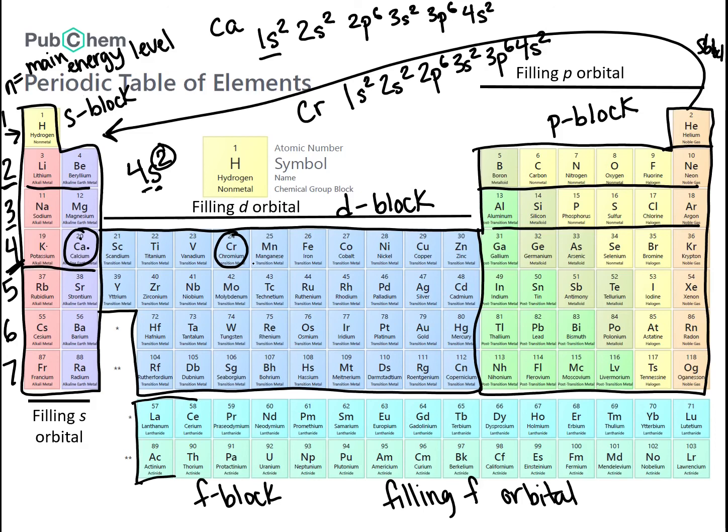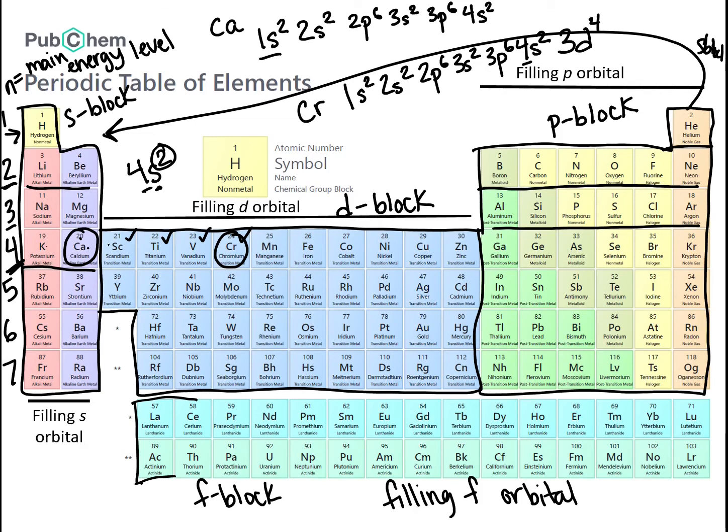And the D is always going to be one less than the main energy level that you were just at. So we were just at the 4s, so now that D is going to be 3D. How many have filled in the D? 1, 2, 3, 4. We're at chromium.